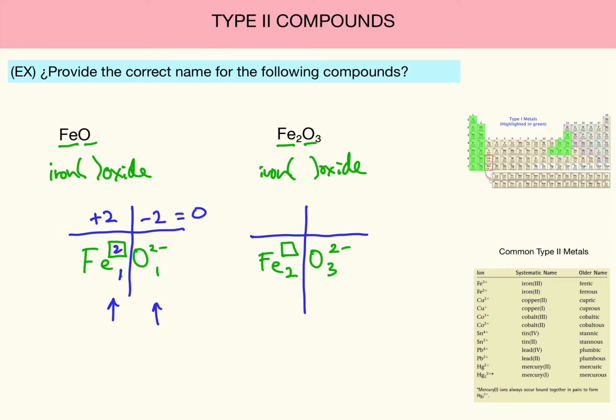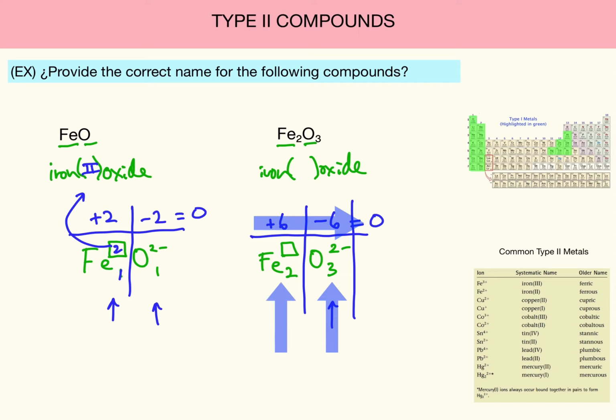Therefore, this first material would be called iron(II) oxide. How about the other one? That molecule must sum to 0, but this time the total negative charge is 3 times -2, which is -6. So the total positive charge must be +6. And 2 times what is equal to 6? The answer, of course, 3. So this material is iron(III) oxide.